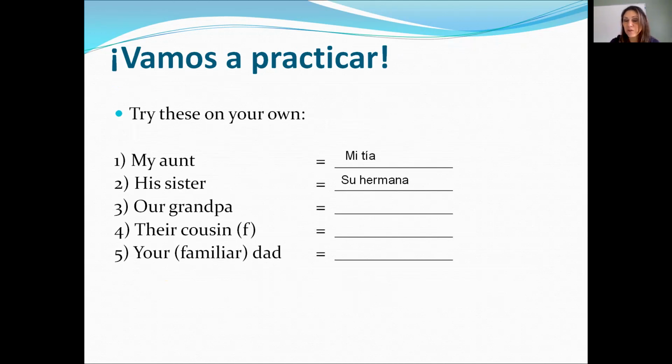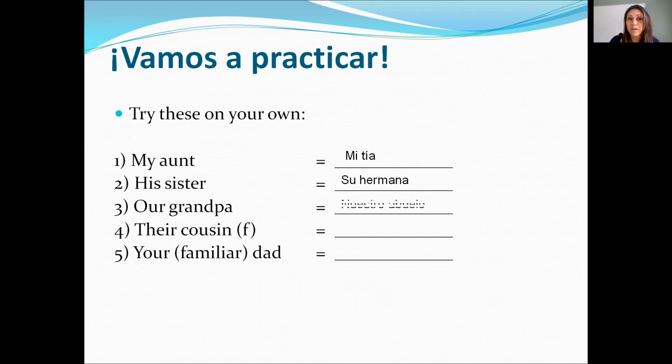Be careful with that. He's trying to use the subject pronouns that we've learned. And these are new words that you're learning. Some of them sound the same, but they're possessive adjectives. They are not the subject pronouns. Pay attention to that, okay?